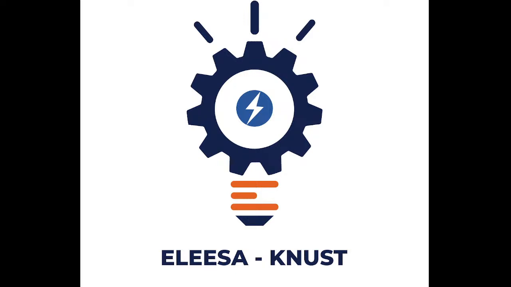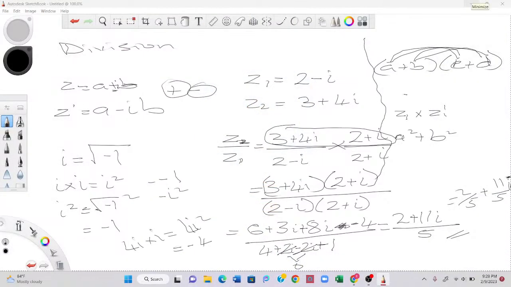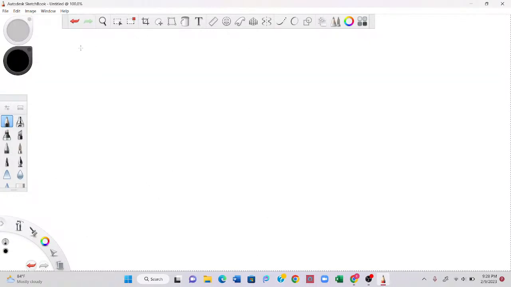Next on the list, we are moving on to the argument and modulus. Arguments and modulus.